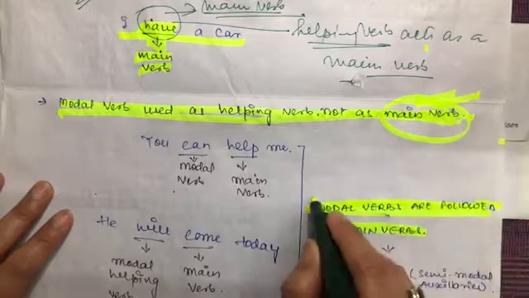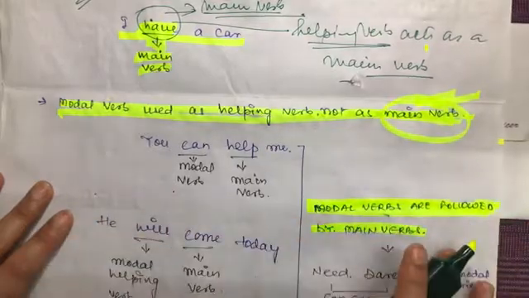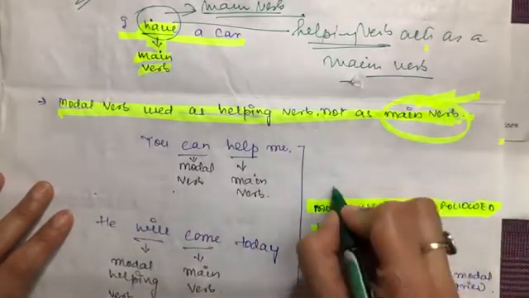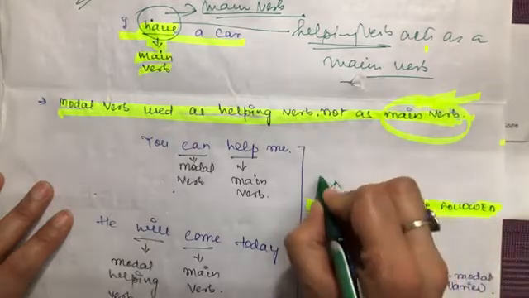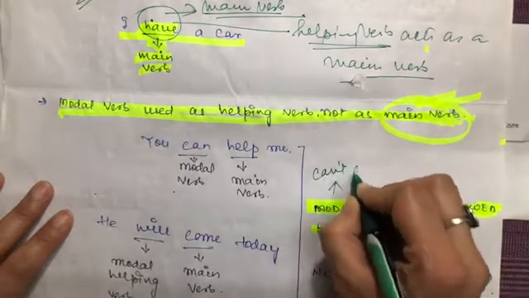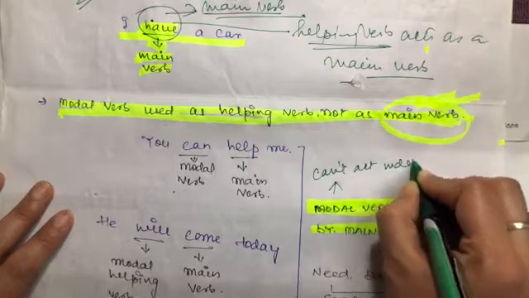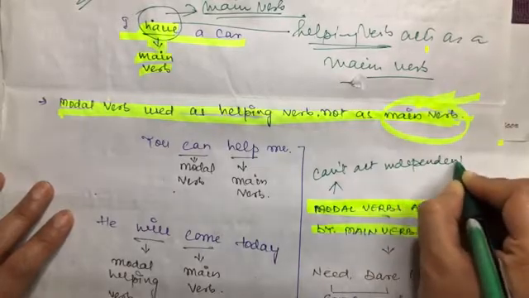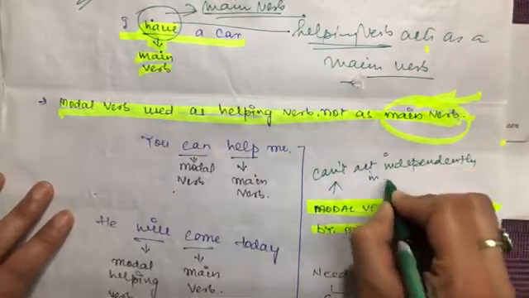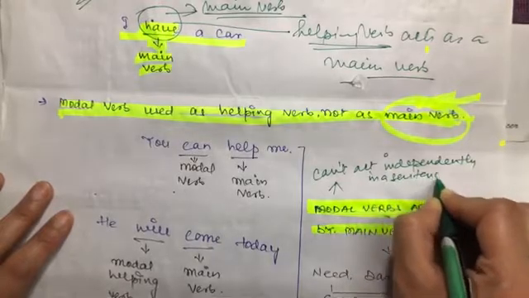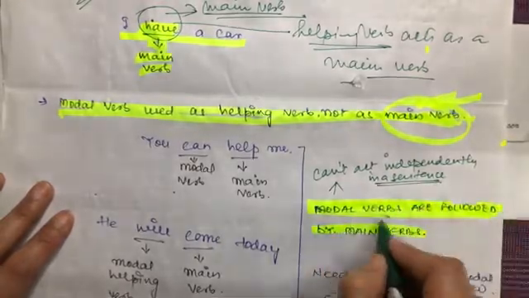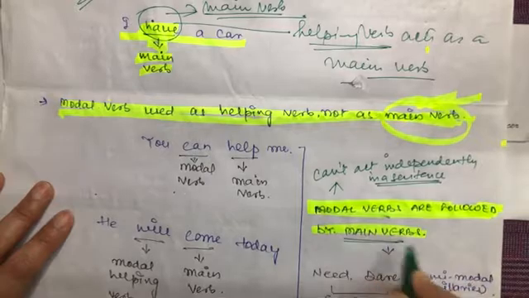Modal verbs cannot act independently. They need a verb. They can't act independently in a sentence. Clear? They will be followed by a main verb.